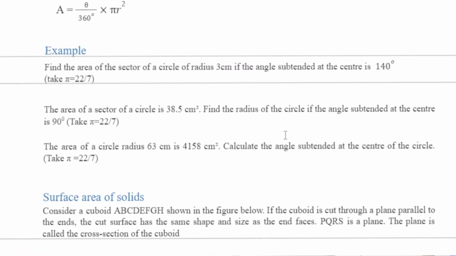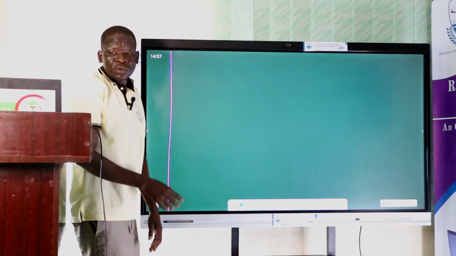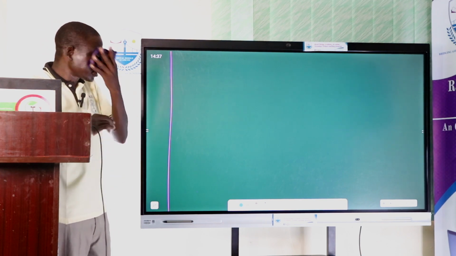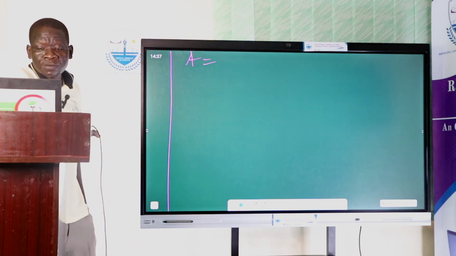There is another example which says the area of the sector of the circle is 38.5 centimeters squared. Find the radius of the circle if the angle subtended at the center is 90 degrees. The method is the same.